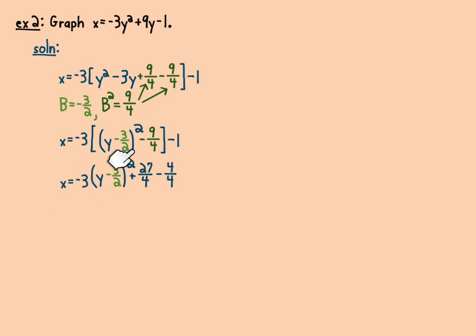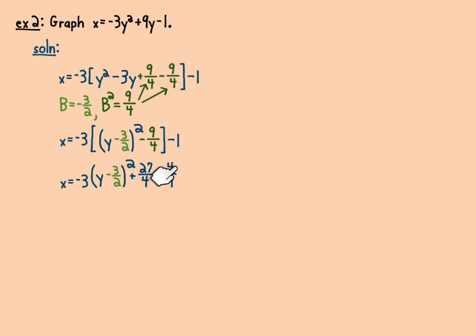And then negative 3 times negative 9/4, negative times negative is positive, and the 3, of course, goes on top. So it's 27/4. Now, the negative 1 I brought down, but since I'm trying to combine it with the 27/4, I need a 4 in the denominator. So I just rewrote negative 1 as negative 4 over 4. Okay, so I can combine these two.